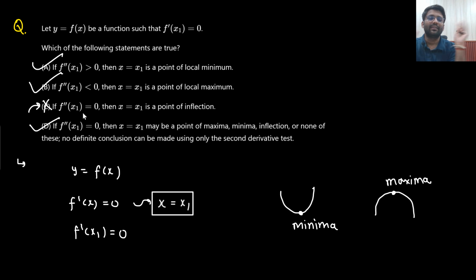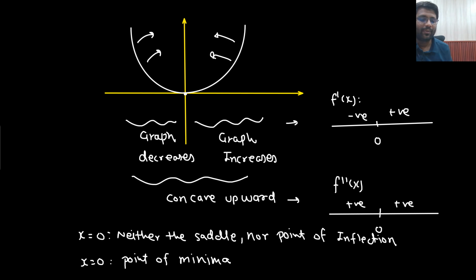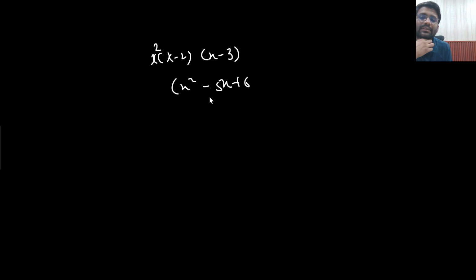Are you mugging up anything? No, you are not mugging up anything. Let me frame an example. It will be more clear to you. So this is x square, I will take x minus 2, I will take x minus 3. So this will become x square minus 5x plus 6, multiplied with x square, this will become x to the power 4 minus 5x cube plus 6x square. So what will be my fx?